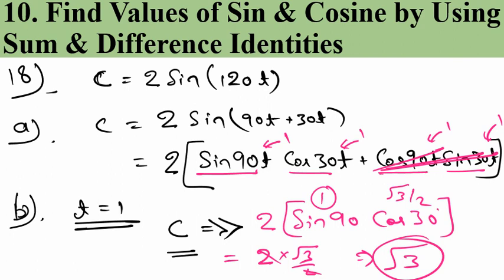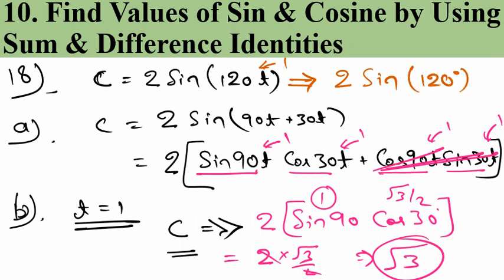Okay, now can I do it directly? If somebody asks you at t equal 1, what will be the current? So how will I do it directly? What I will do is in this equation I will just put t equal 1 and solve 2 sine 120 degree.